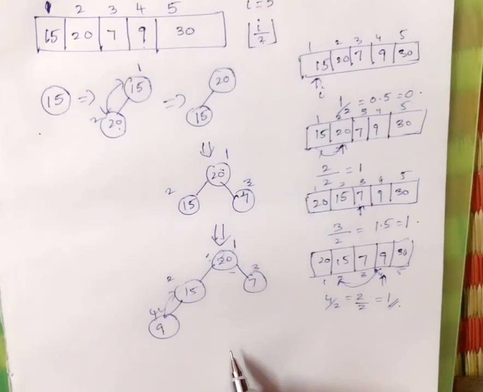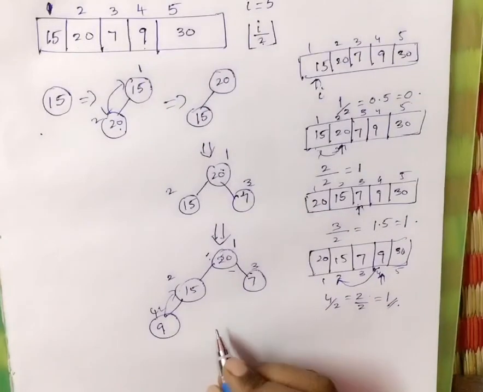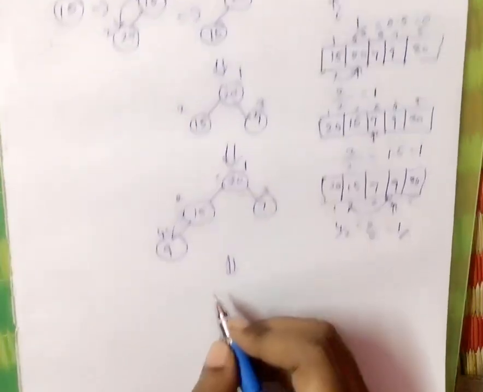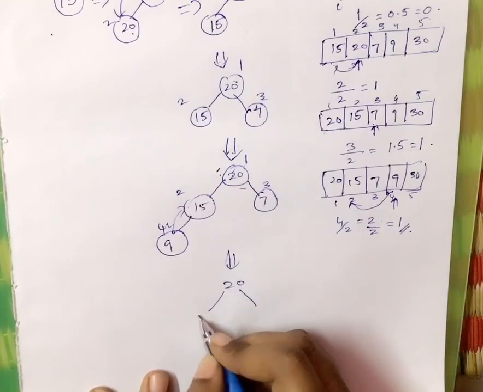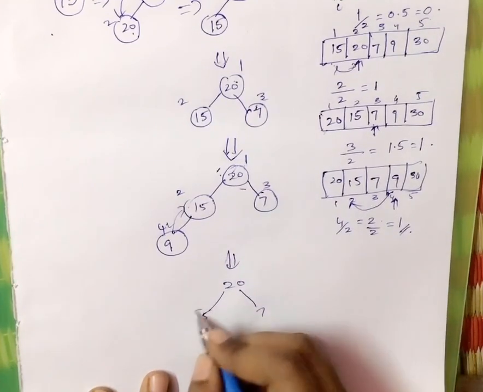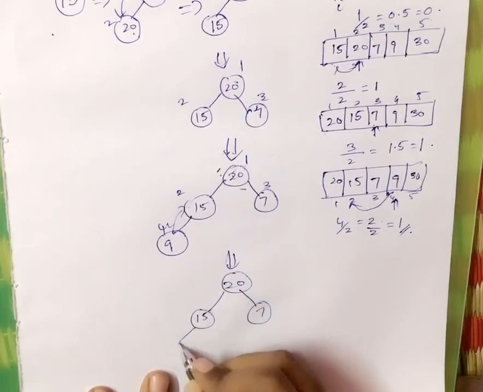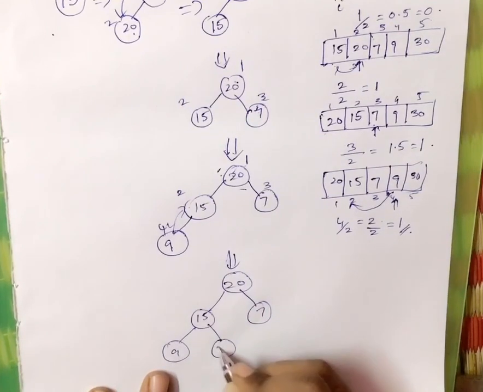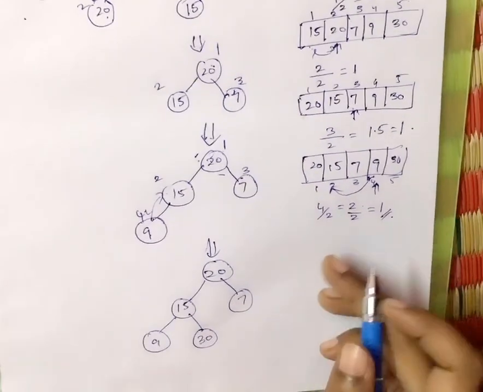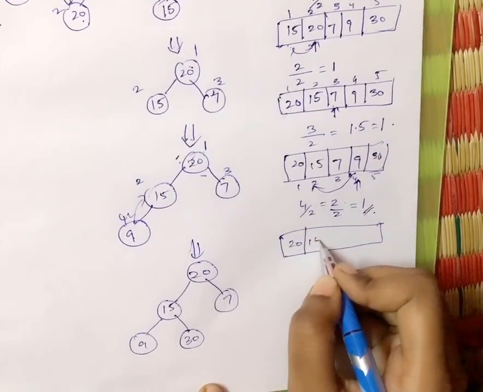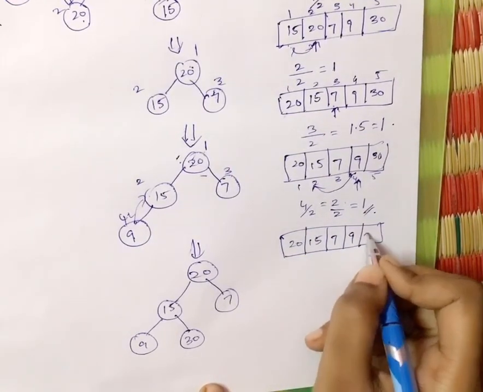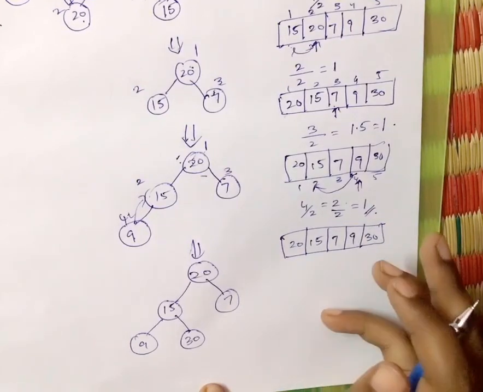Next I am going to insert the element 30. After inserting the element 30, again I am going to check with this condition. 20, 15, 7, 9 and 30. This is the array we now have.